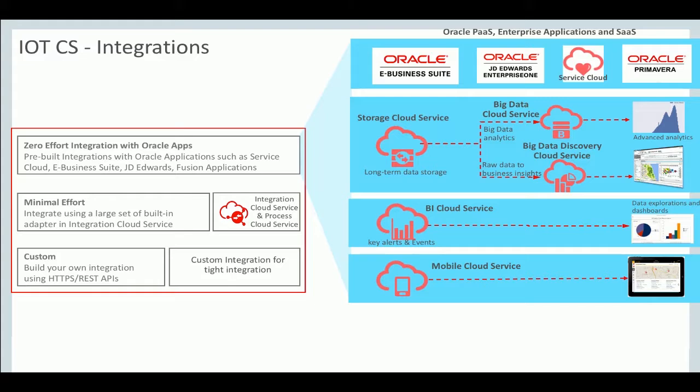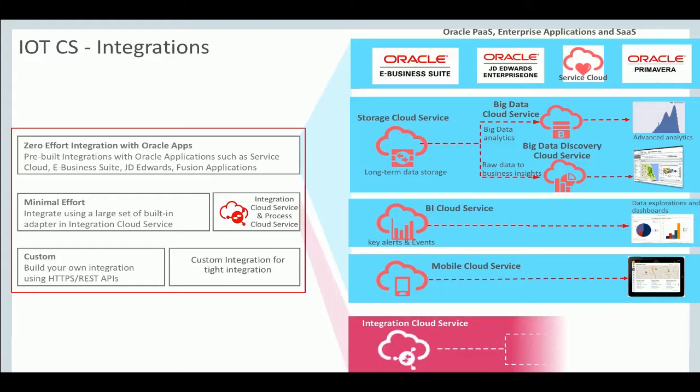Once you have data coming in from your devices, once you have created your analytics, you can send those analyzed messages to any of these products and perform any business processes that you may like. We also provide a hook to Integration Cloud Service, which is essentially a service that helps us get connected to external applications.